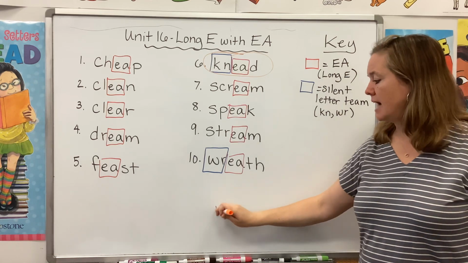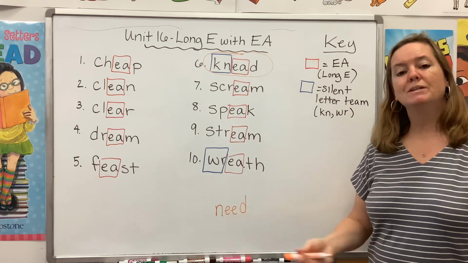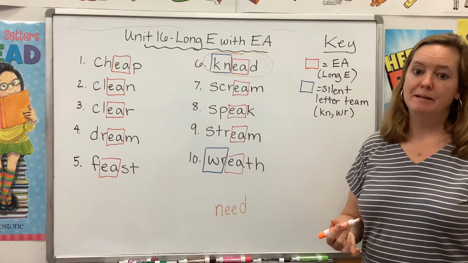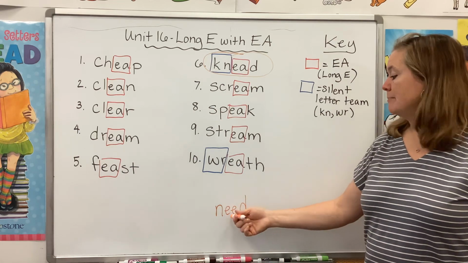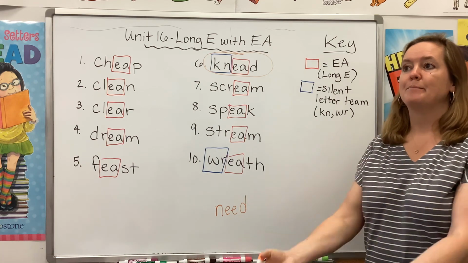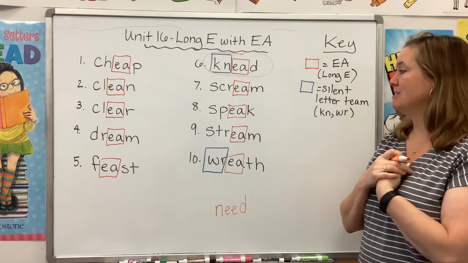Probably the first kind of need that you learned was this one, like I need a nap, I need a snack, right? I need a friend. So that is a verb, an action word that means there's something that I'm missing, right? Something that I have to have.